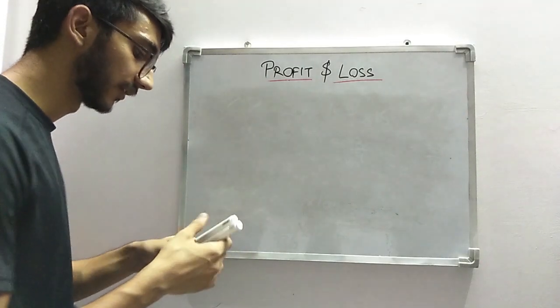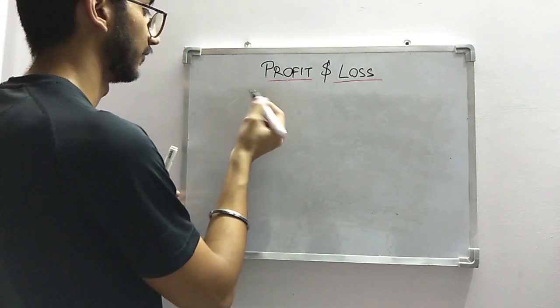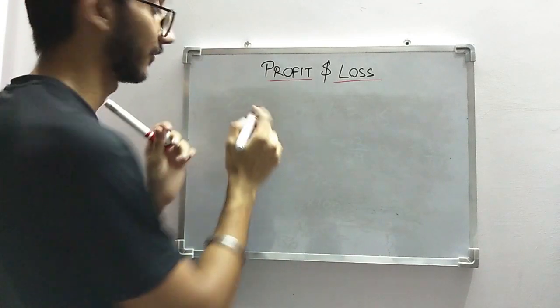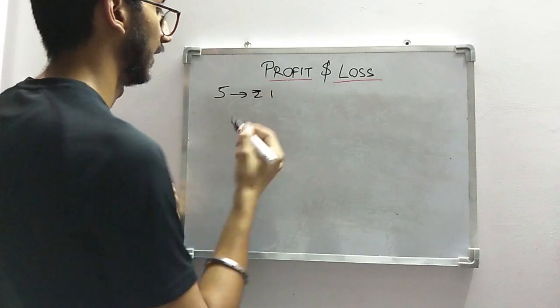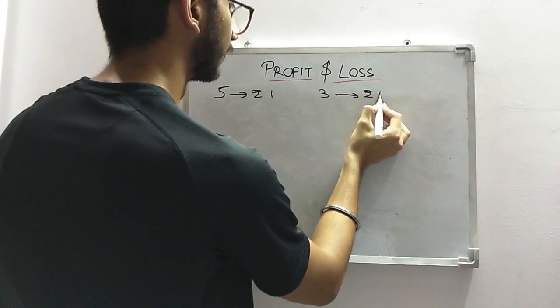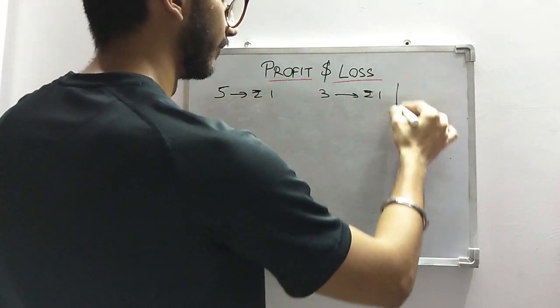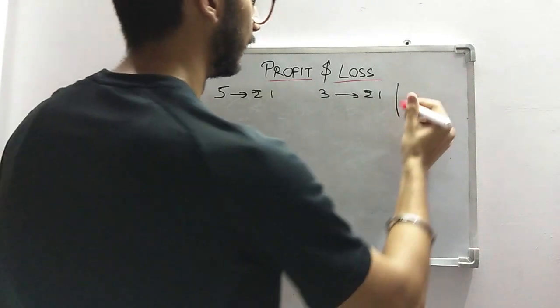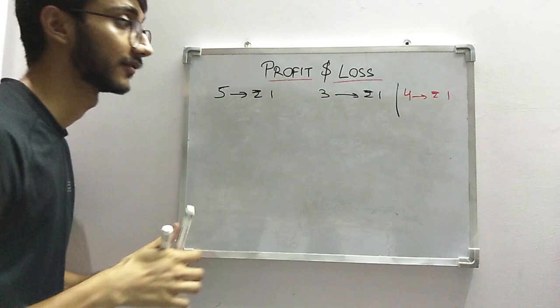Right, so I'll just write down the notes. We had some articles at 5 for rupees 1, and we bought some at 3 for rupees 1, and I sold it all at 4 for rupees 1. That is the question.